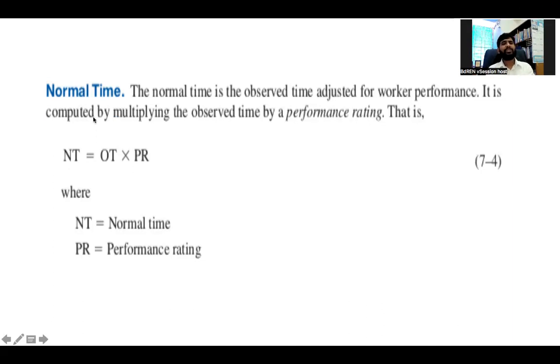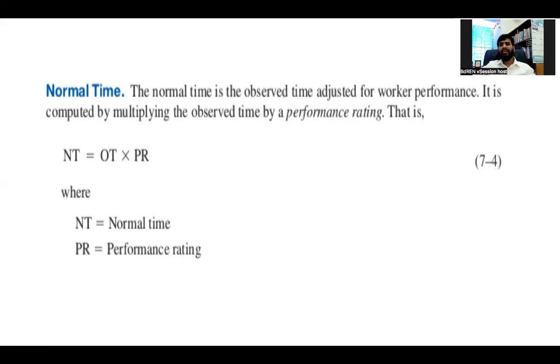After getting the observed time, you will calculate the normal time. The normal time is the observed time adjusted for work performance. So the worker you have chosen, you know what is his performance. If I choose a student from the classroom, I know that his performance is A graded, B graded, or C graded.